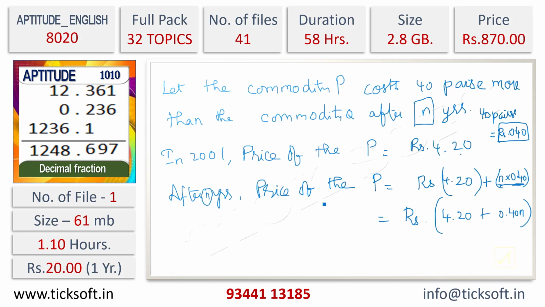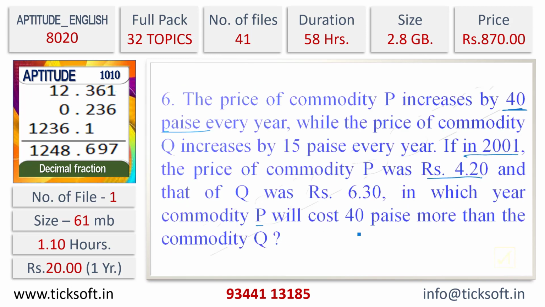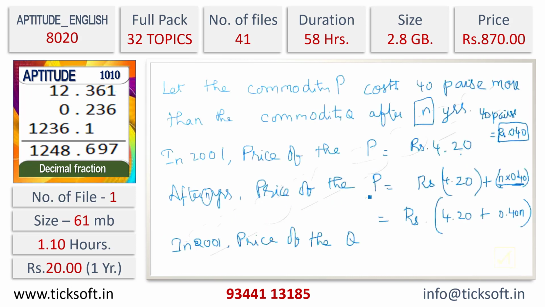Now, similar to this, we are going to find out the price of the commodity Q also. We already know the price of commodity Q in the year 2001, which is rupees 6.30. After n years, the price of the commodity Q is 6.30 plus the increase.